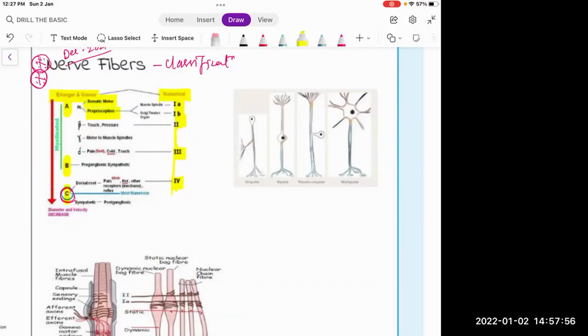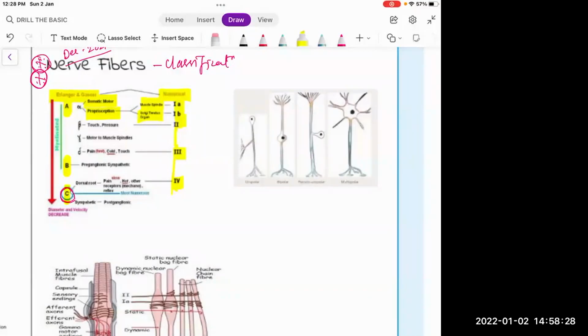Proprioception means positional sensation. The receptors are present in the muscle spindle, especially of the skeletal muscles, and also in the Golgi tendon organ. So skeletal muscles mainly have the muscle spindle and the Golgi tendon organ, which are required for positional sensation. Okay, so that is A alpha fibers.